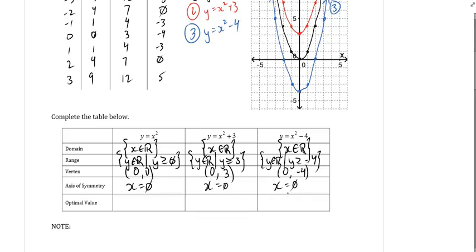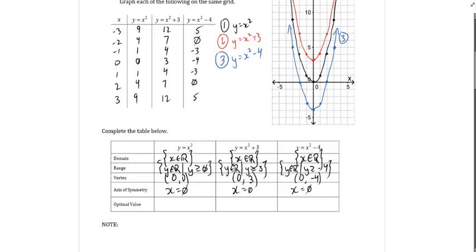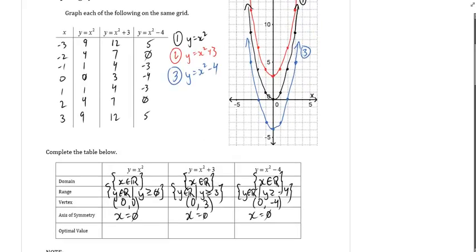And then the optimal value, is it a maximum or a minimum? Some people think it's a maximum because the arms both go up and they go on forever, and that makes it really big, so that's like maximum, but that's wrong. That's not what we mean by max or min. Megan? It's a minimum because there is a value that it'll never go below, just like what the range is saying.